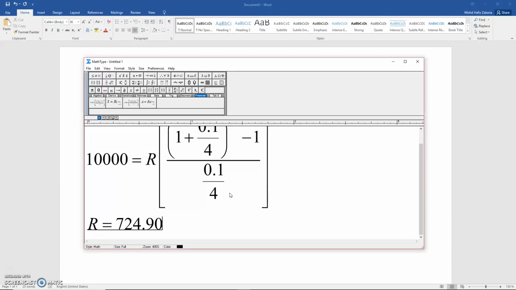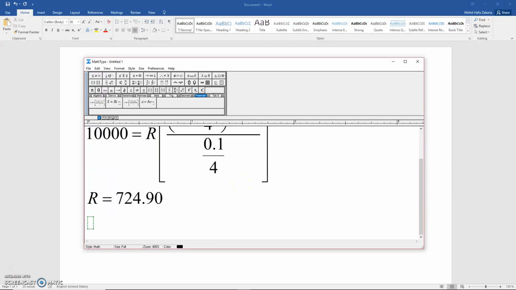You need to actually invest once per 3 months for 3 years. So 12 times. So basically, the amount that needs to be invested by us is just 8,698 ringgit 80 cents, right? To get 10,000 in 3 years, we need to invest about 8,700, sort of.